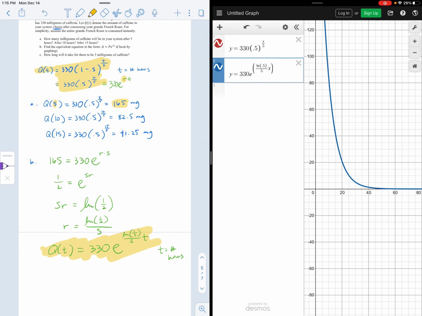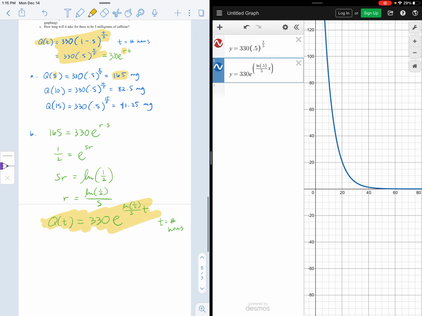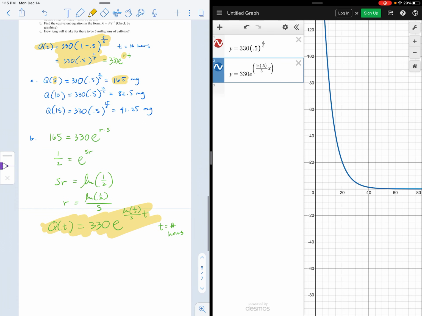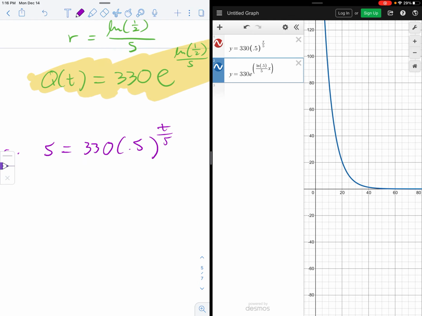Okay, and then question C, you can use either equation to solve for how long it would take for there to be 5 milligrams of caffeine. So if you wanted, I would probably use the first equation just because that doesn't already have an ln in it. Here, I'll switch colors again. So for question C, I would set the first equation equal to 5.